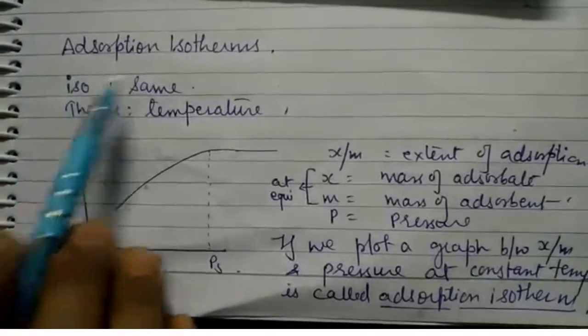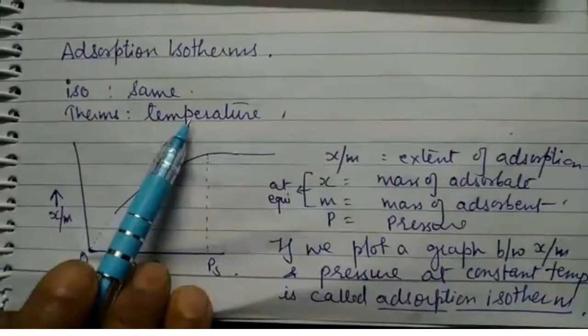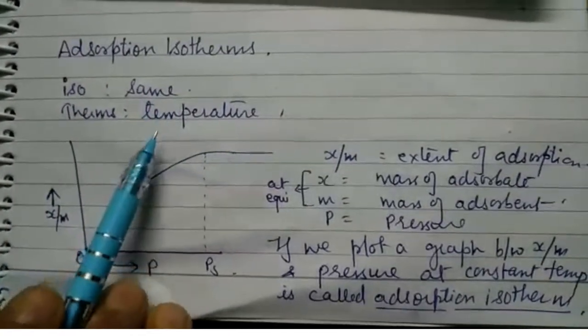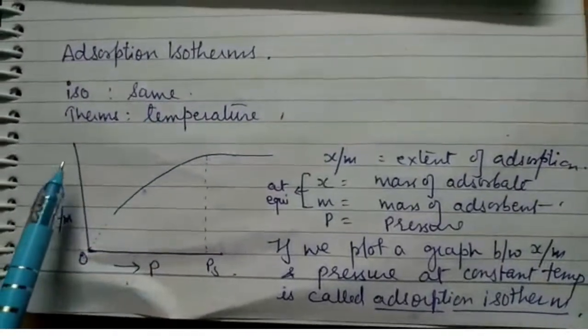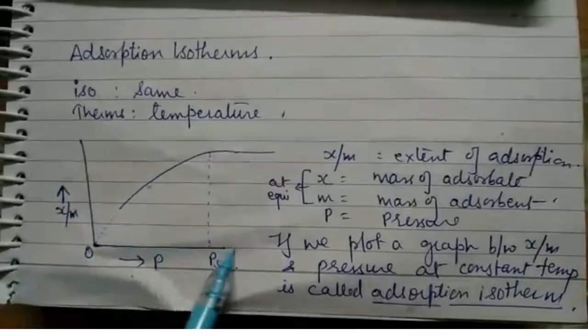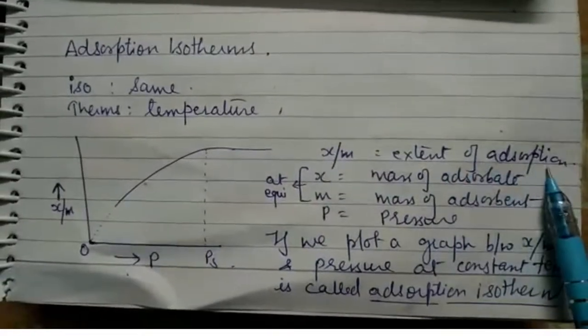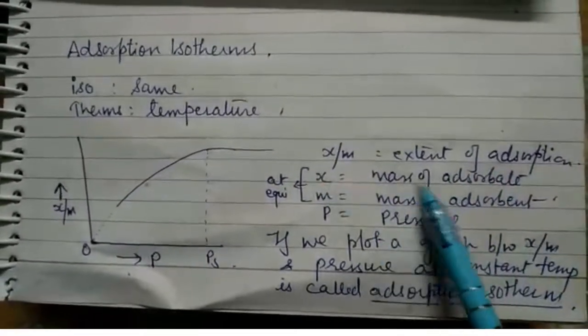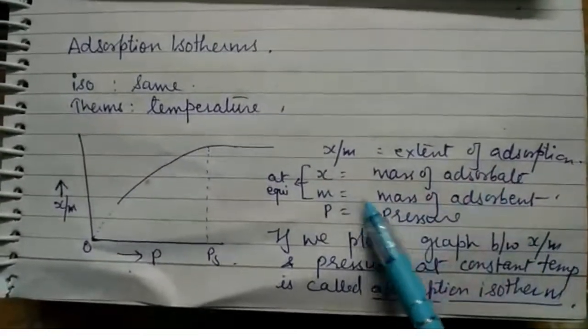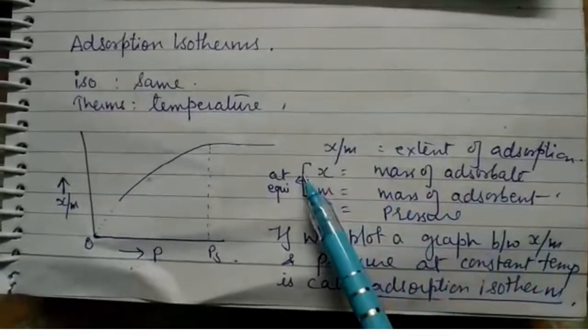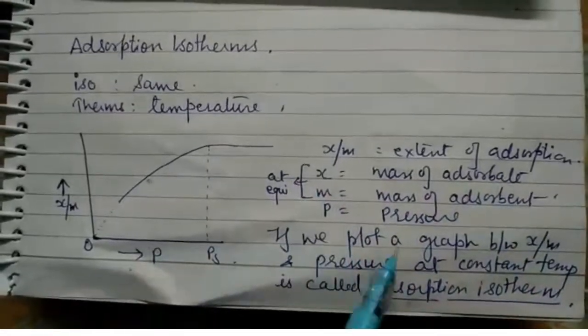Iso means same and therm means temperature, and if we plot a graph between the extent of adsorption and the pressure, x/m here represents the extent of adsorption, where x is the mass of adsorbate and m is the mass of adsorbent at equilibrium, and P is the pressure.